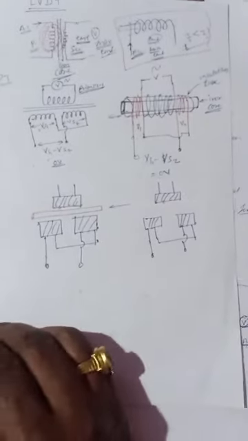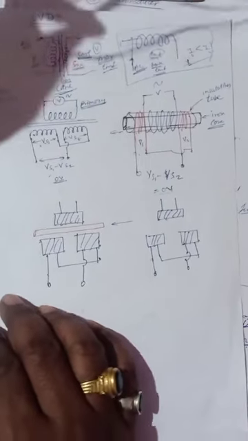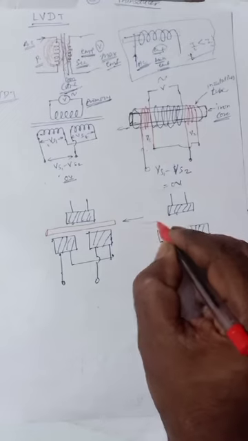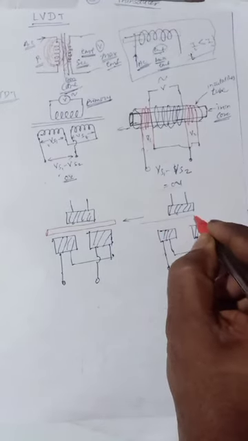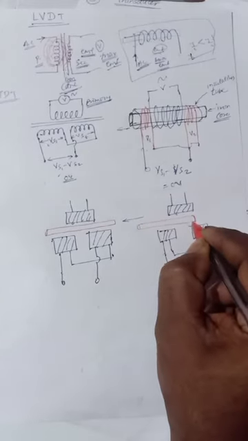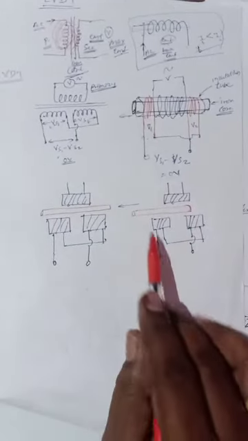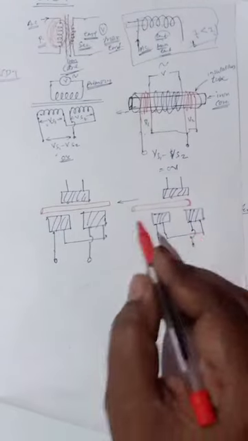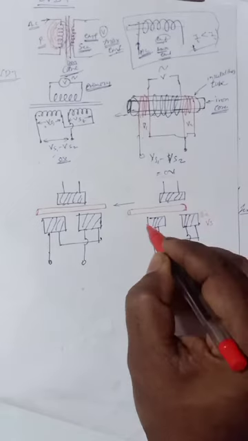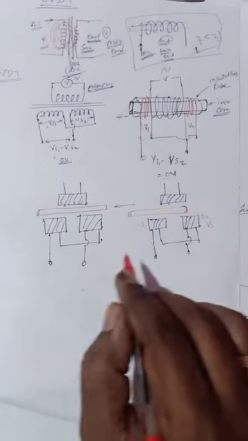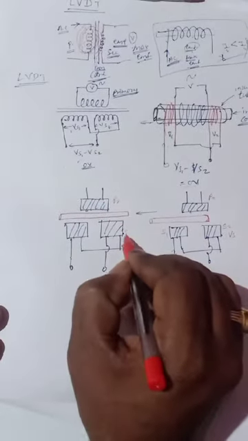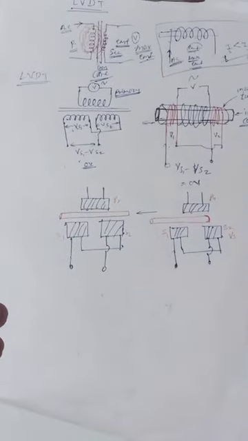Now the rod is moved in this way. So S1 is a secondary, S2 is a secondary, and this is the primary.